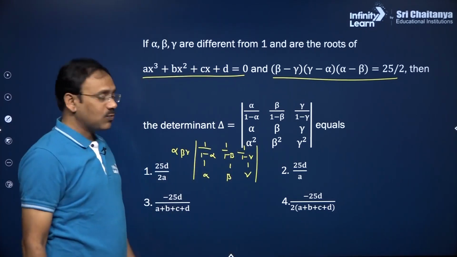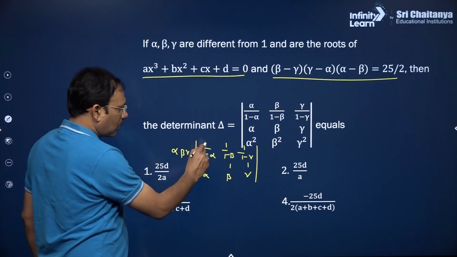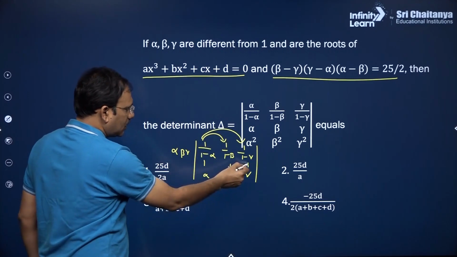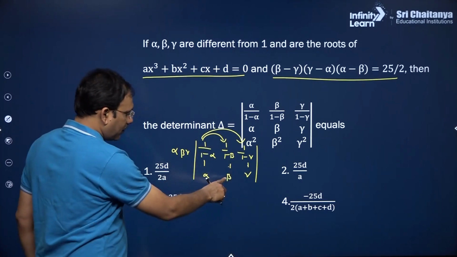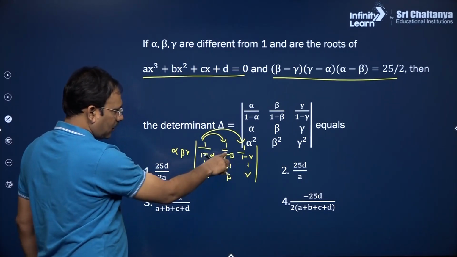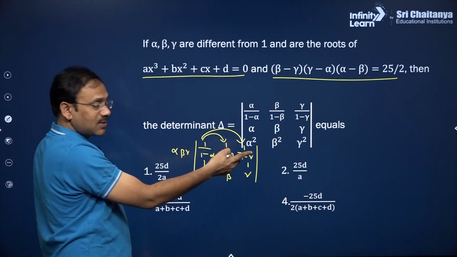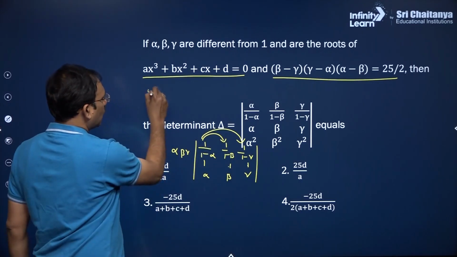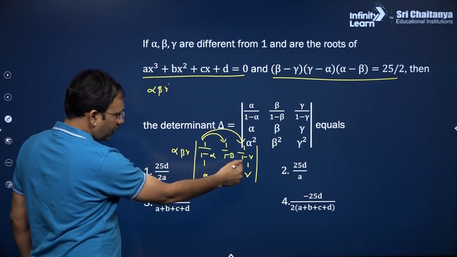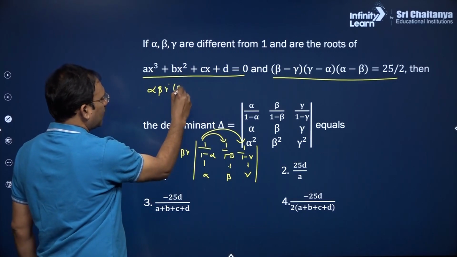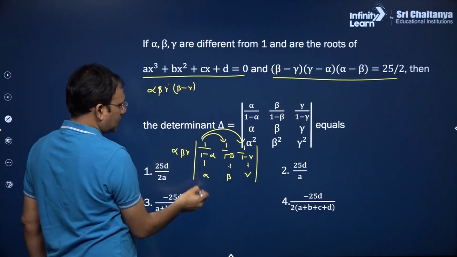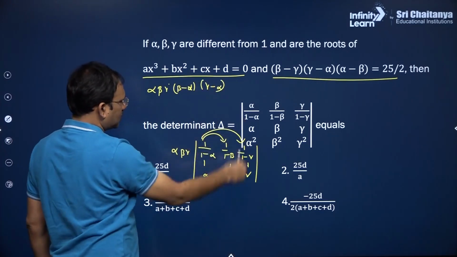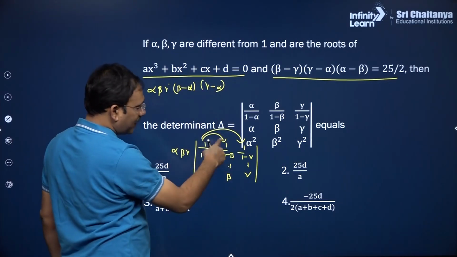In the next stage, what you can do is, my dear friends, column 2 minus column 1, column 3 minus column 1, here and here you will get 0, and here beta minus alpha, gamma minus alpha. If you subtract here also, you will get beta minus alpha, gamma minus alpha. If you simplify, in the next step you are going to take beta minus alpha common, then gamma minus alpha common in this column, and divide by the rest of the things.